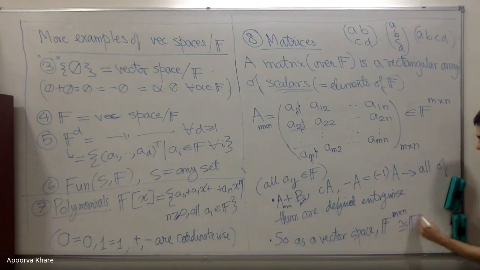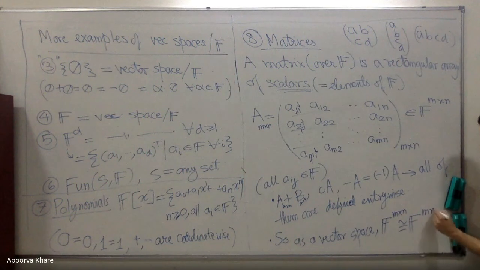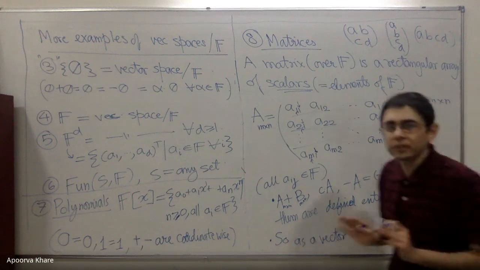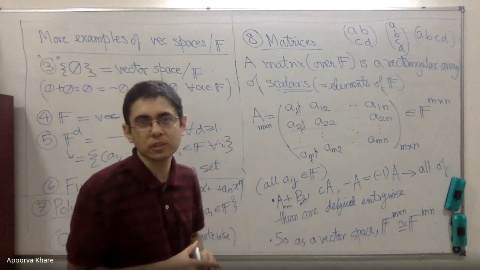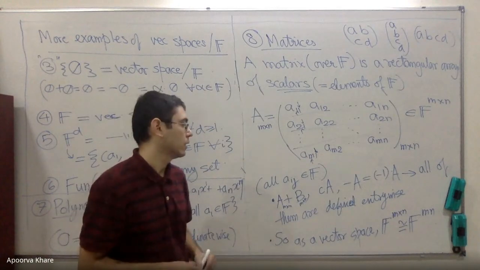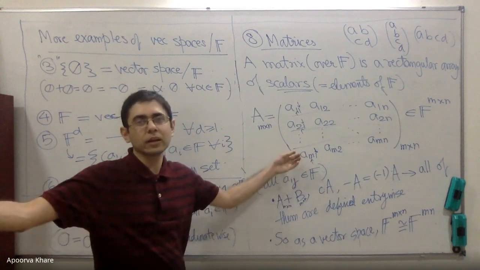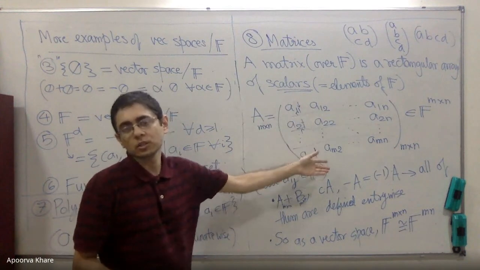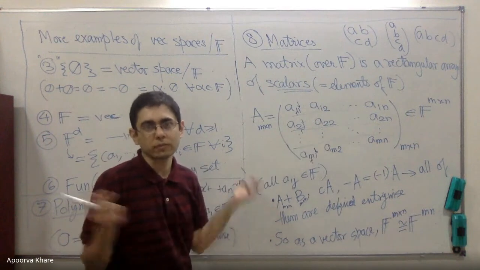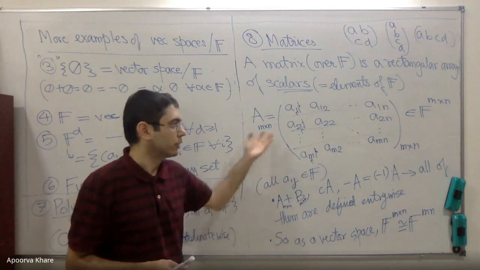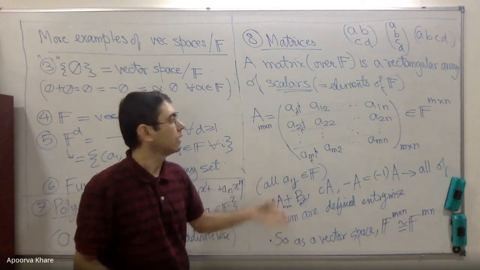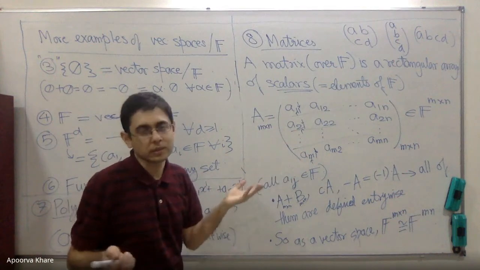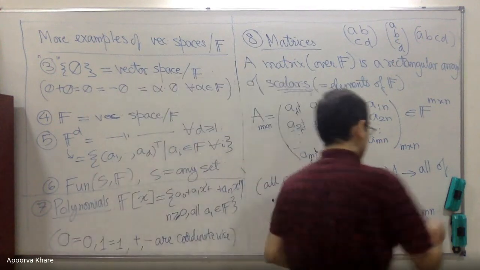We will explain about that later. There is no difference between them as far as the field operations, the vector space operations, go. Instead of writing a long row or a long column, you stack them up into a number of smaller rows or smaller columns and call it a matrix. But whether you call it a matrix or a very long vector, the operations are all component-wise, so that doesn't change the structure.